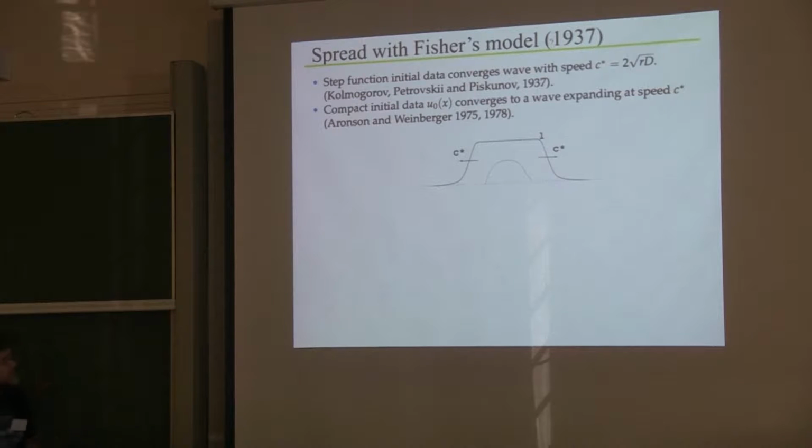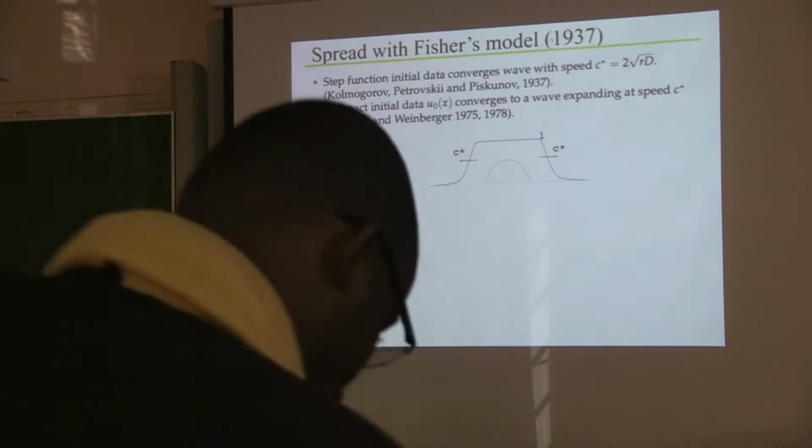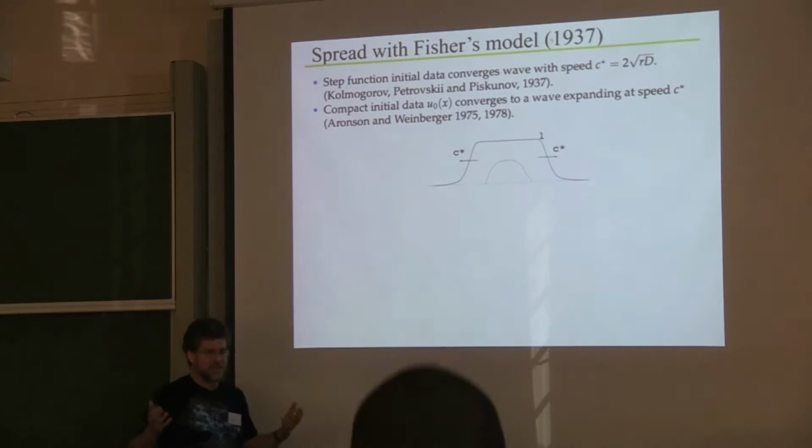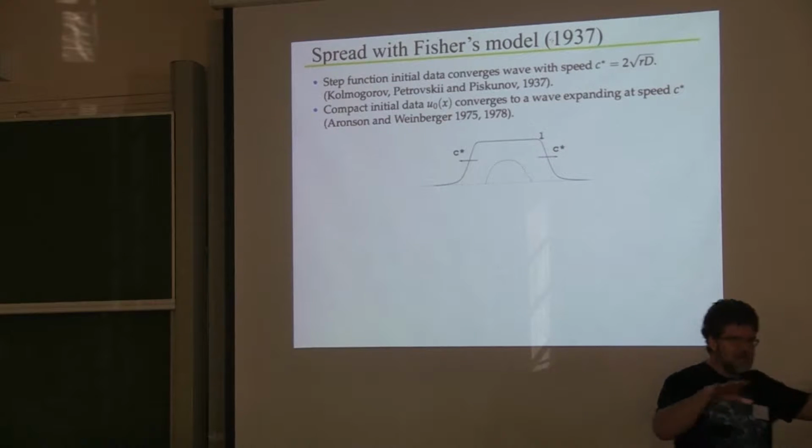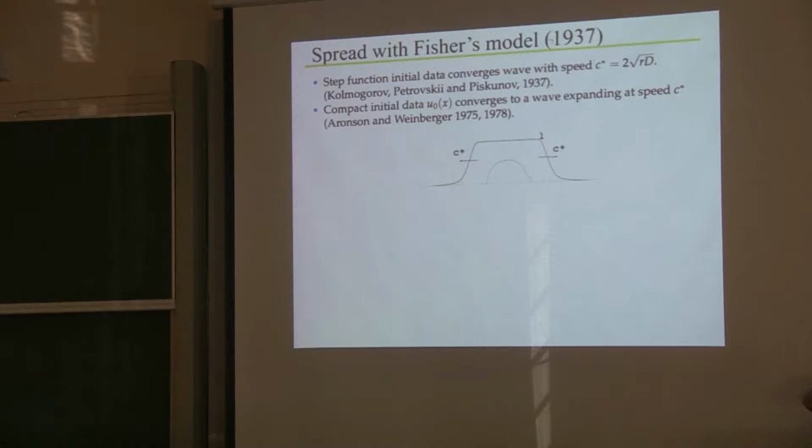And they actually calculated that that was what the speed was. And it turns out that actually a chemist called Luther in around the early 1900s was looking at these spatially distributed chemical reactions. And R was a reaction rate, and D was the rate at which these molecules were diffusing around.